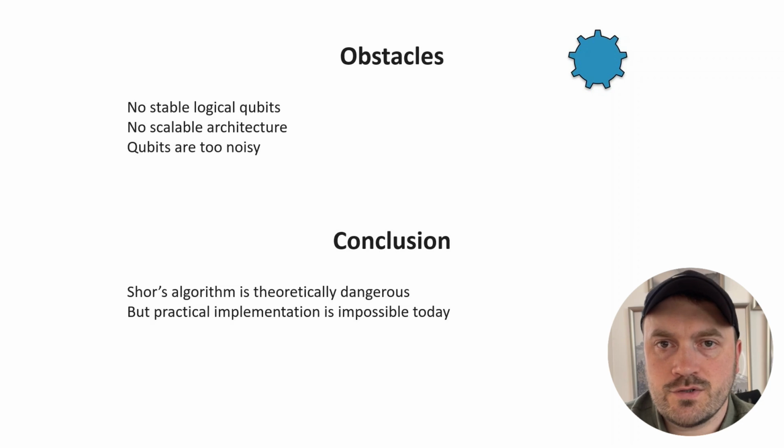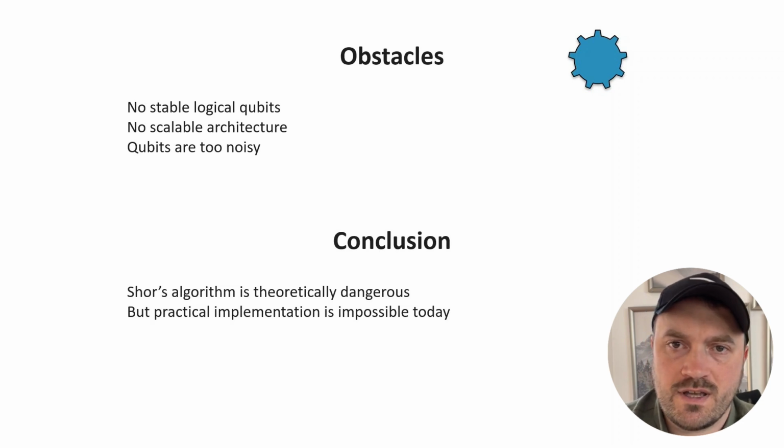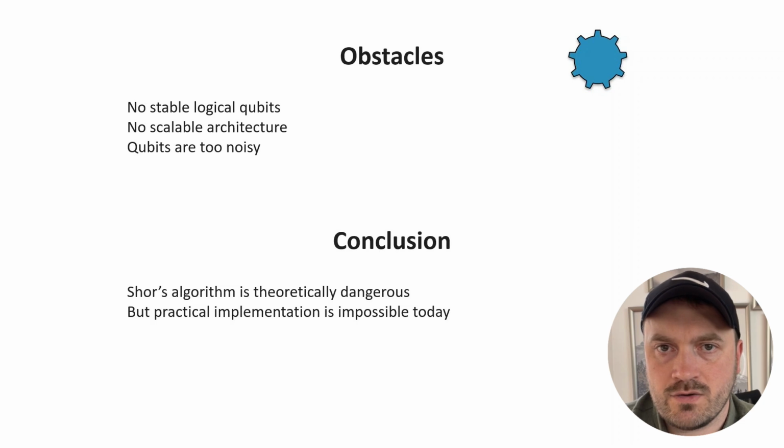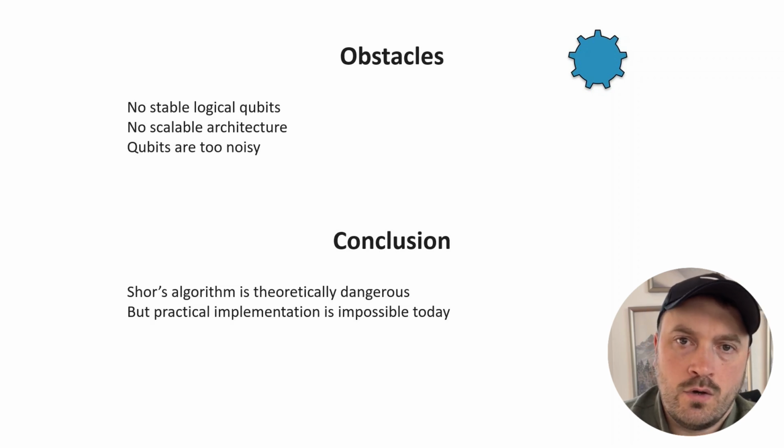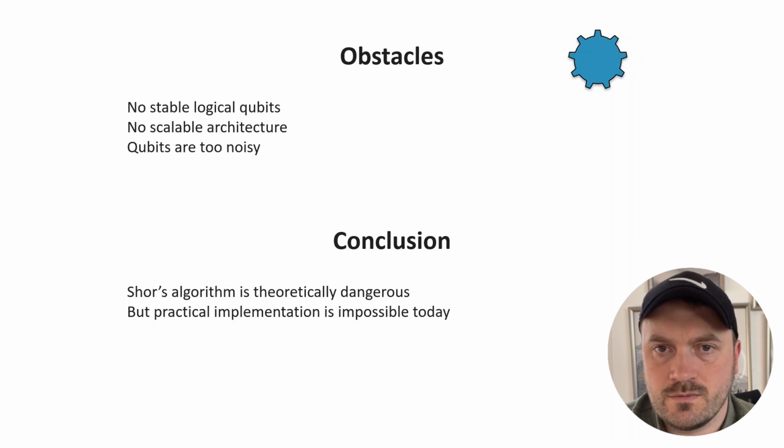As a conclusion, I can say yes, Shor's quantum algorithm can theoretically break a Bitcoin private key, but only in theory. In practice, this is impossible today because we don't have the required number of qubits.